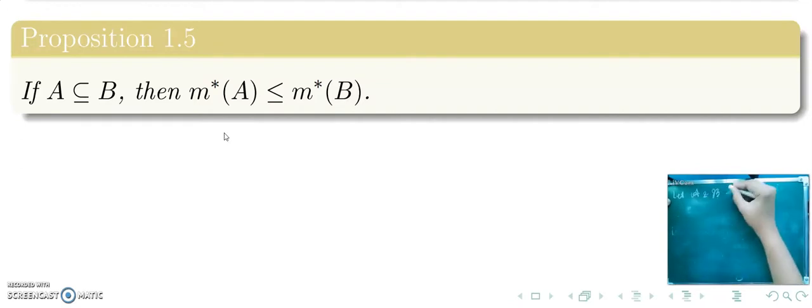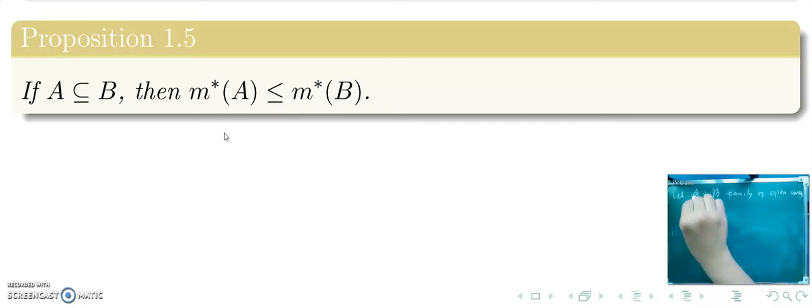So let script A and script B be the families of open covers. Script A is the family of open covers of A. Script B is the family of open covers of B. Recall that when we say open covers, they are collections of open intervals.